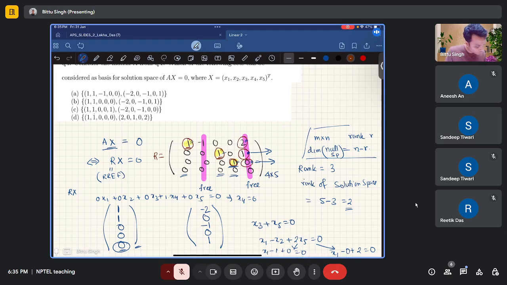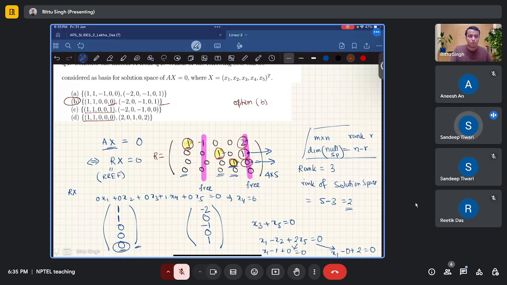Maybe this answer 1 1 0 0 1. No, 1 1 0 0 0 is matching, and -2 0 -1 0 1. So you can see option B is the correct answer. Option B.